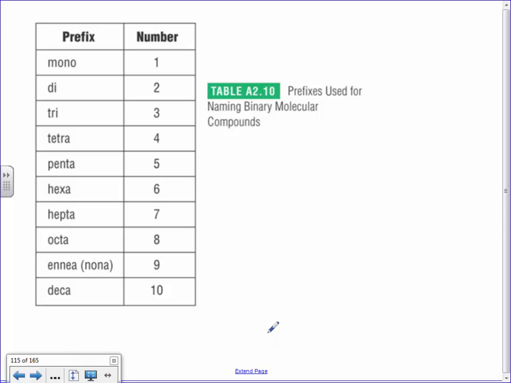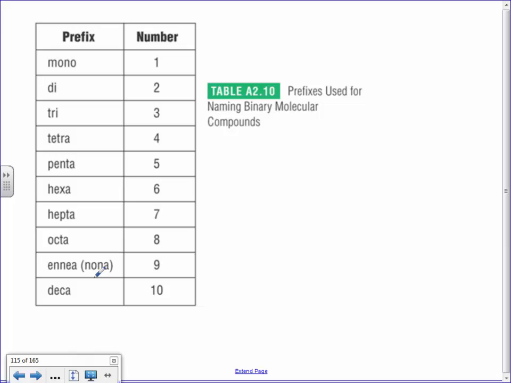Just in case you need to have 8 of something, and you're like, what's an 8? 8 is octa. That makes sense. Octopus, octagon. But there are some that you're not as familiar with, like say hepta, maybe nona for 9. So take a second to write these all down. And then we're going to do some examples.